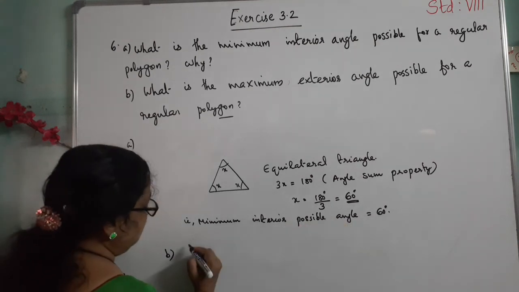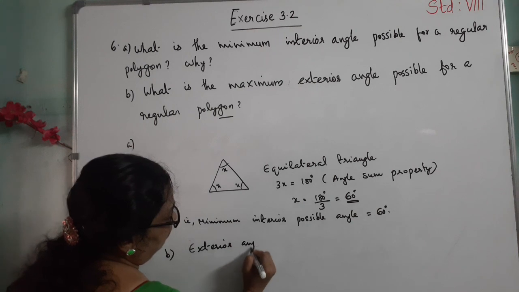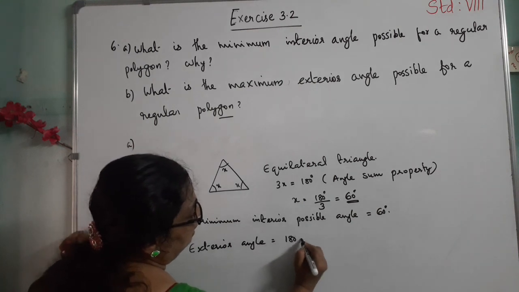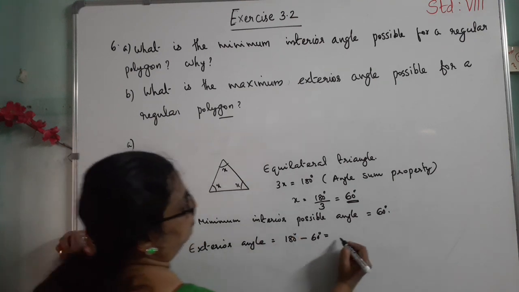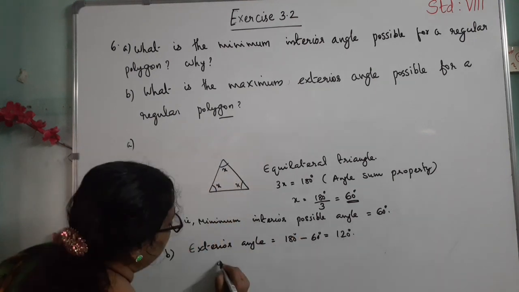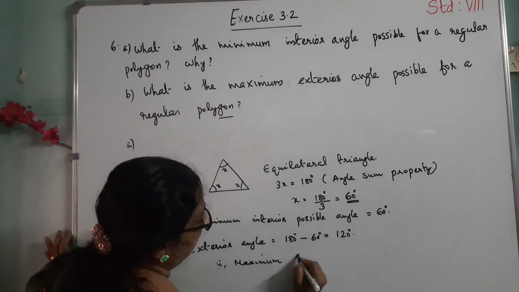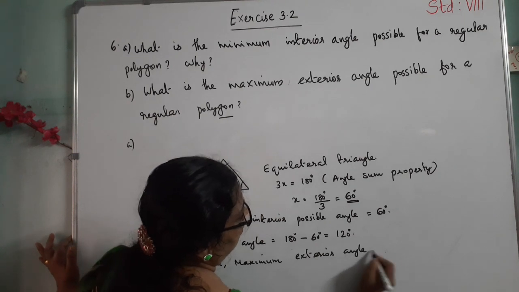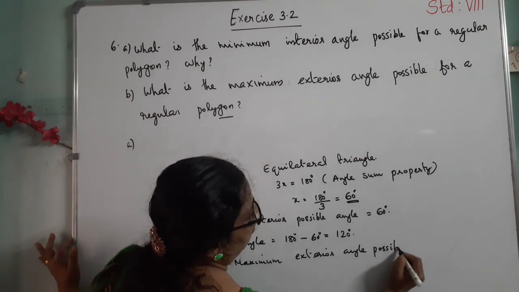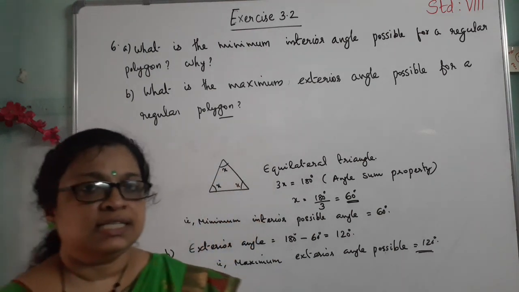So the exterior angle is 180 minus 60 degrees, since 60 degrees is the minimum, that is 120 degrees. So the maximum exterior angle possible is 120 degrees.